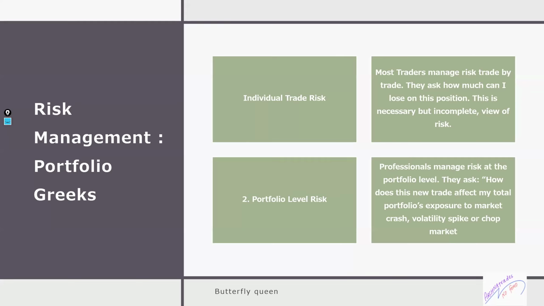So professionals manage risk at the portfolio level. How does this one new trade that I plan to take affect my portfolio's exposure to a market crash, volatility spike, or choppy market scenarios, right? You can see, like yesterday, the market went from 67.25 to almost 68.20.